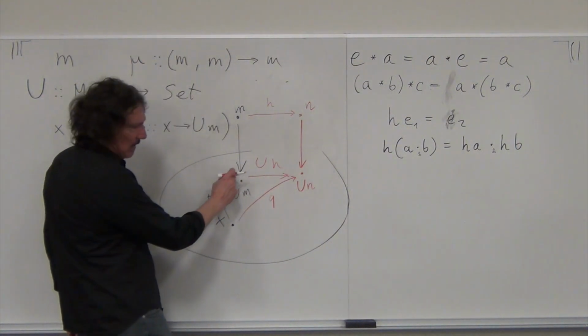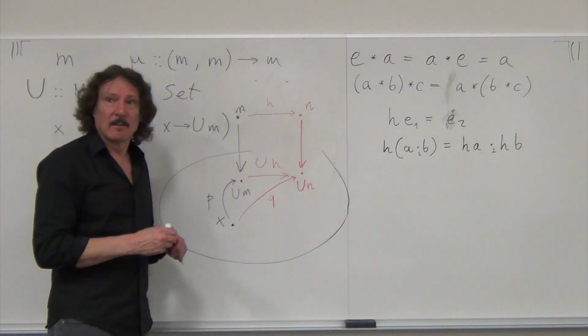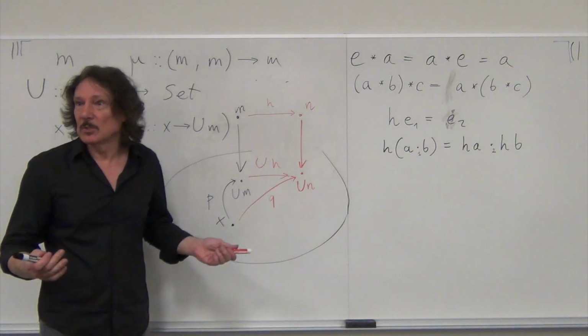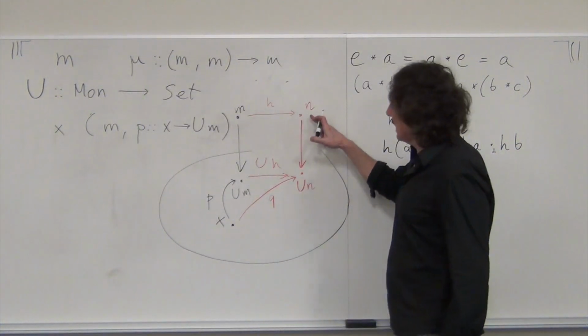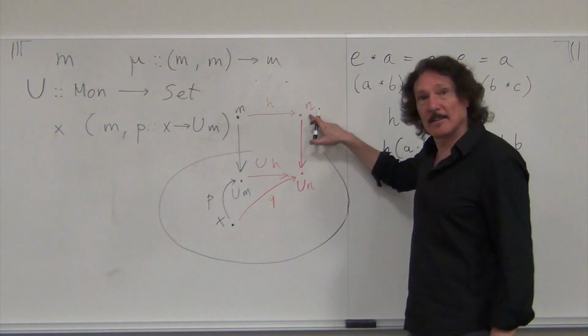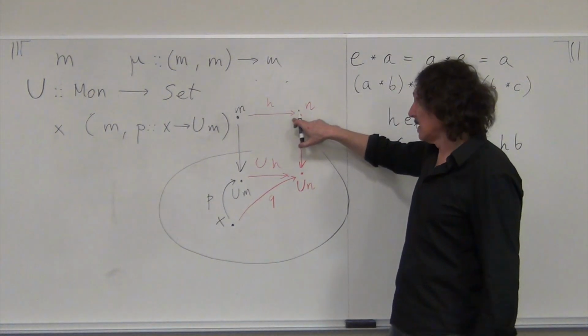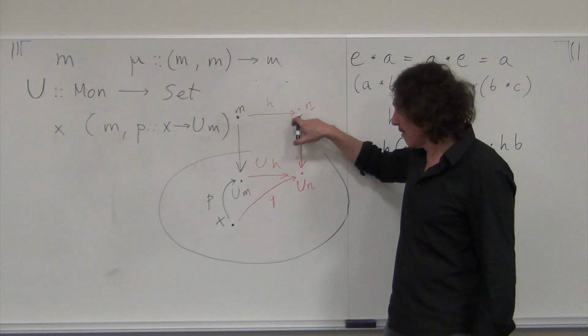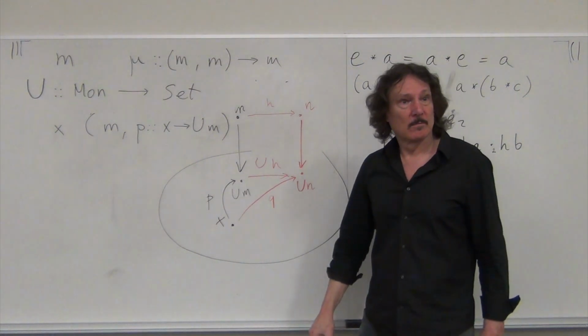Now you see what's happening here? You see the triangle, the magic triangle? This triangle has to commute. So we will say that M is better than N if there is a morphism from M to N such that this triangle commutes.